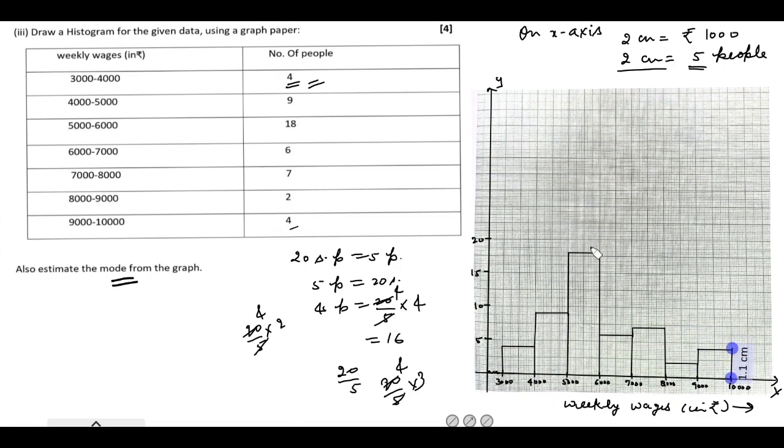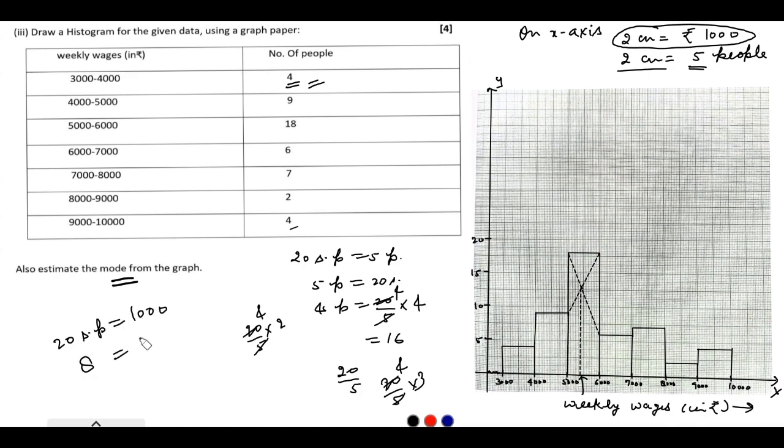Now the point of intersection of these two lines will give the mode. This point will give us the mode. This is 8 small parts after 5000. On the x-axis we have taken 2 centimeter is equal to 1000. 2 centimeter means 20 small parts is equal to 1000.